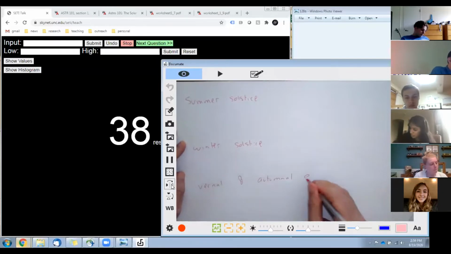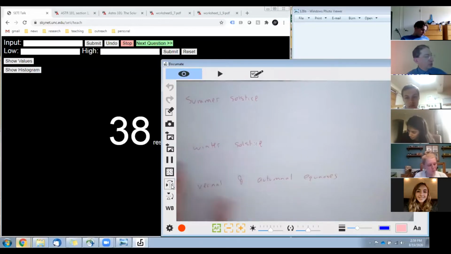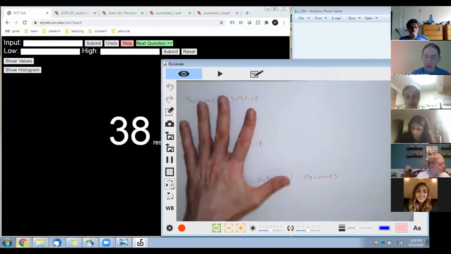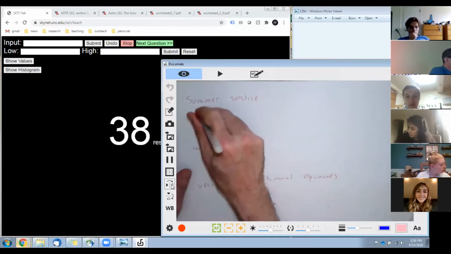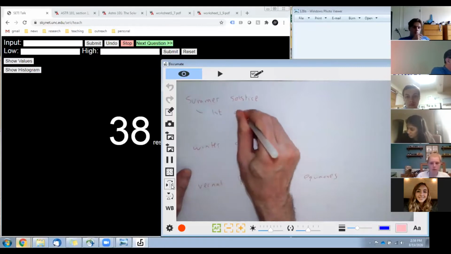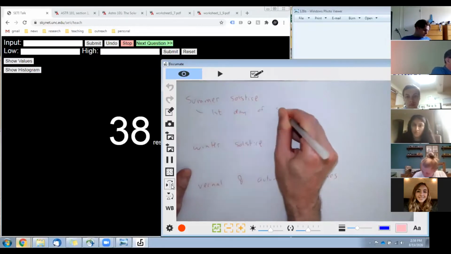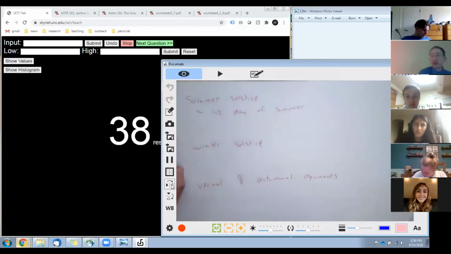The words solstice and equinox are very old terms, and we'll encounter them when we do archaeoastronomy in a handful of classes. But in general, what they mean, summer solstice is the first day of summer, and that's true for either hemisphere. First day of summer in the north is around June 21st.